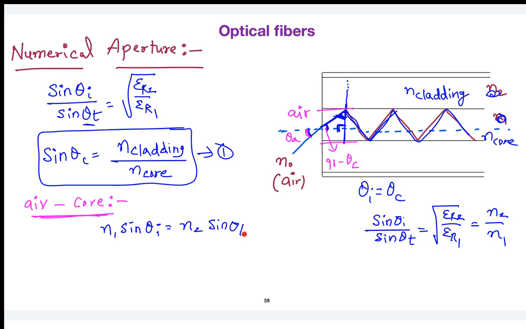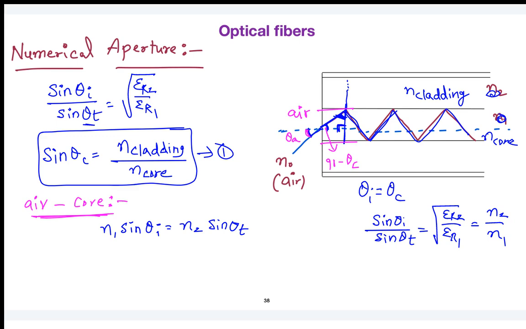This is very important. You have to focus here. In this case, the first medium is free space. So what is the free space refractive index? You can see here, the first medium is free space, the second medium is the core. What is the refractive index of the first medium? Air. 1. Yeah.